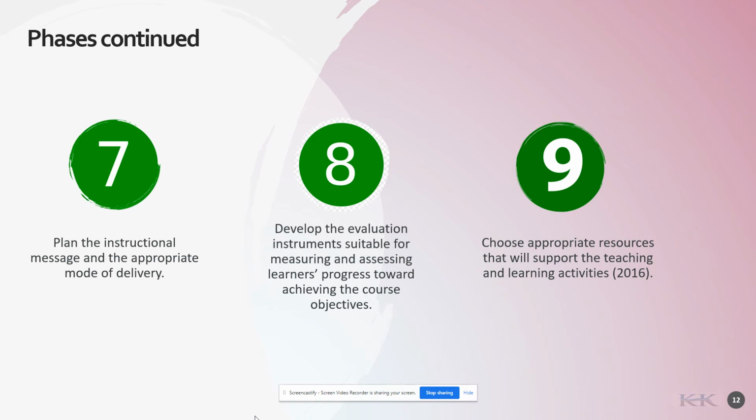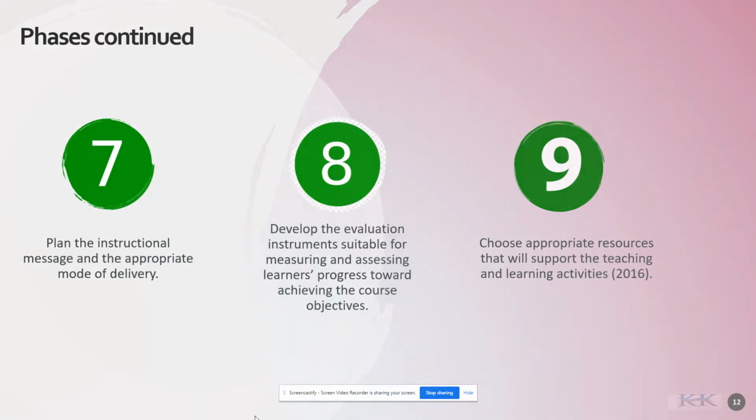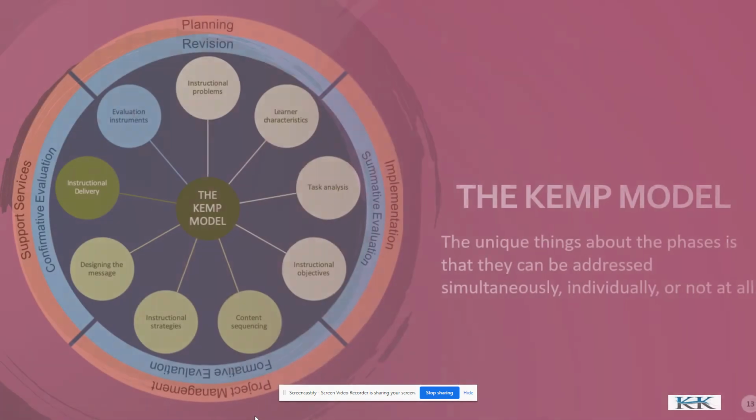And in the final phase, phase 9, choose appropriate resources that will support the teaching and learning activities. Select the appropriate learning materials that will allow the learner to achieve the desired outcomes, goals, and objectives.